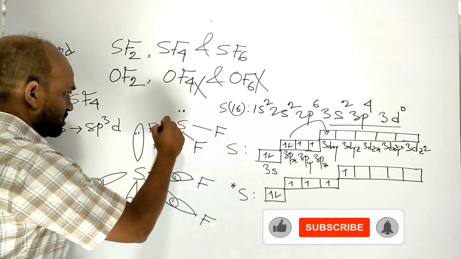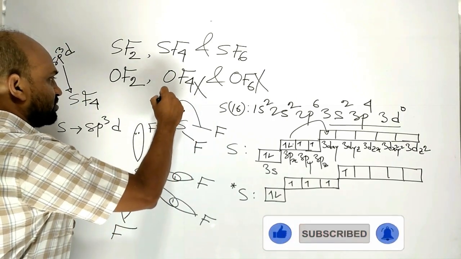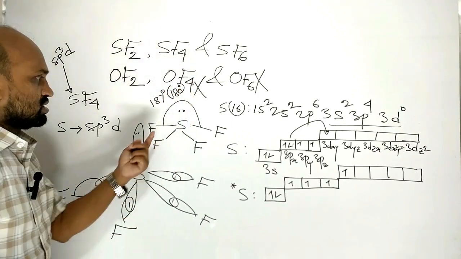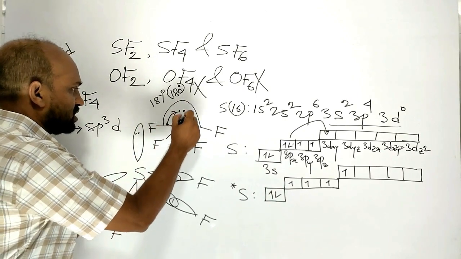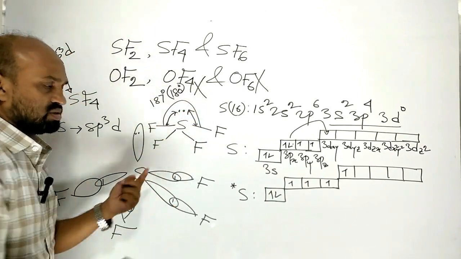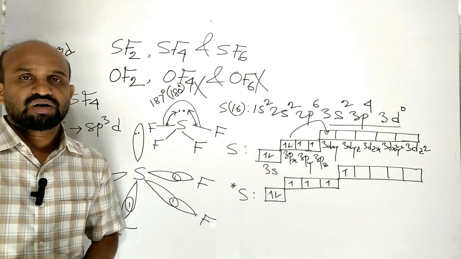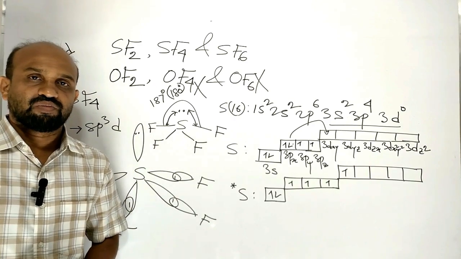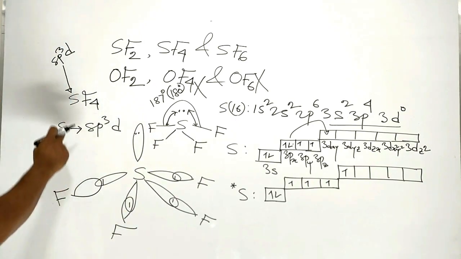Here the bond angle is 187 degrees instead of 180 degrees, because here lone pair bond pair repulsion occurs. That is why this bond angle is expanded to 187 degrees instead of 180 degrees.